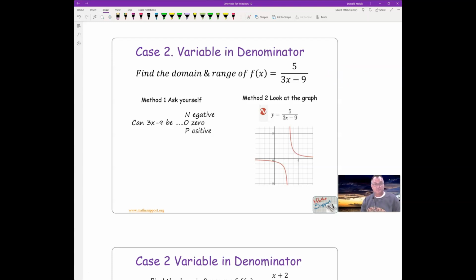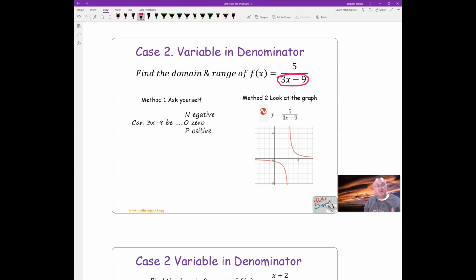All right, so the denominator can be a negative, the denominator can be a positive. Now, where students get confused, guys, is sometimes you think, can the value of x be negative? Can the value of x be 0? Can the value of x be positive? Don't think about it like that. You want to think, can the result of this be negative?